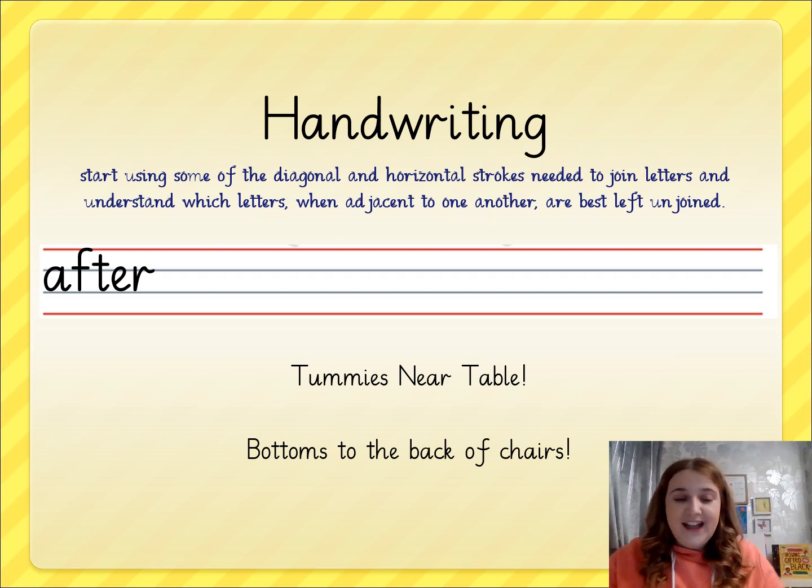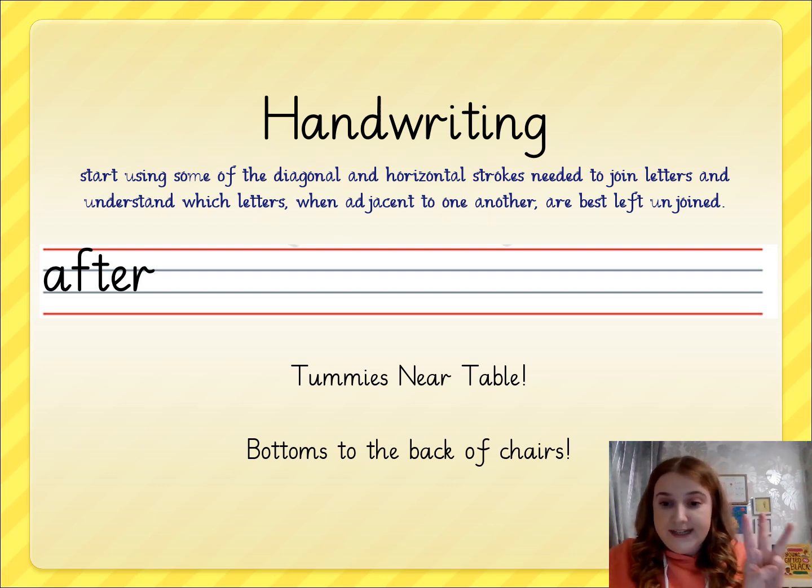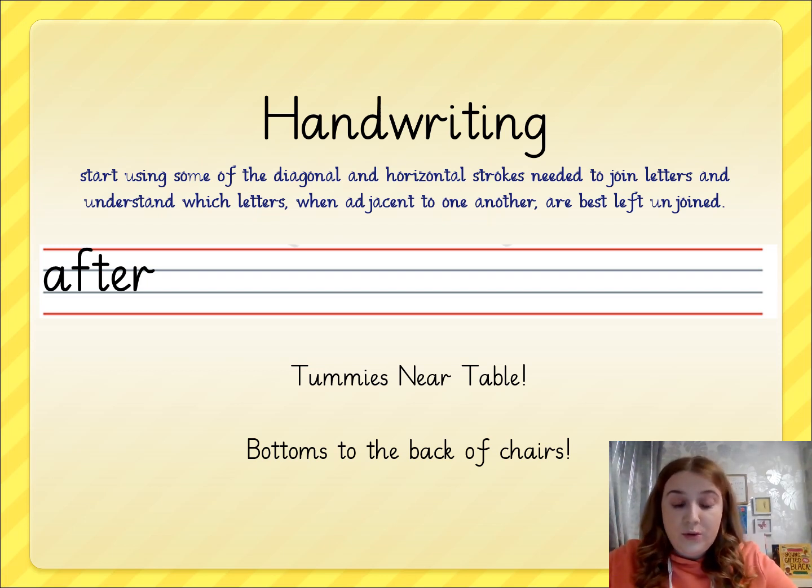After. And I would like you to write it 3 times, whether you're using the handwriting strip at the top of the piece of paper or your own paper. Please make sure it's nice and neat and be checking for those ascenders or any descenders. There's none in this word, but be checking that those are formed correctly too. Pause the video and complete your handwriting.